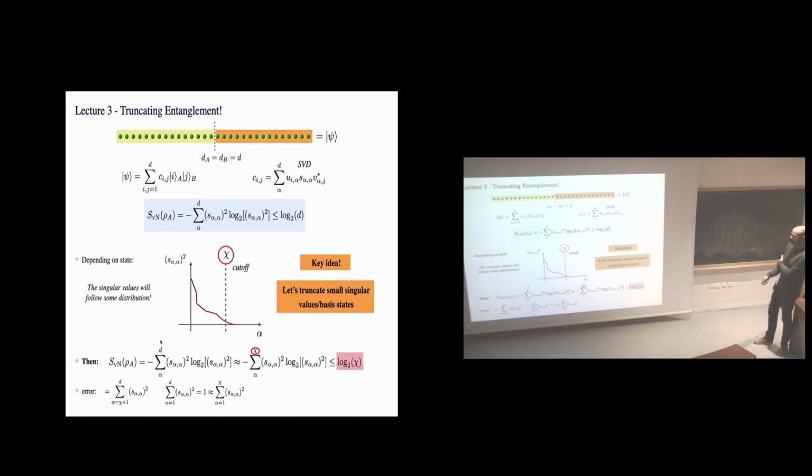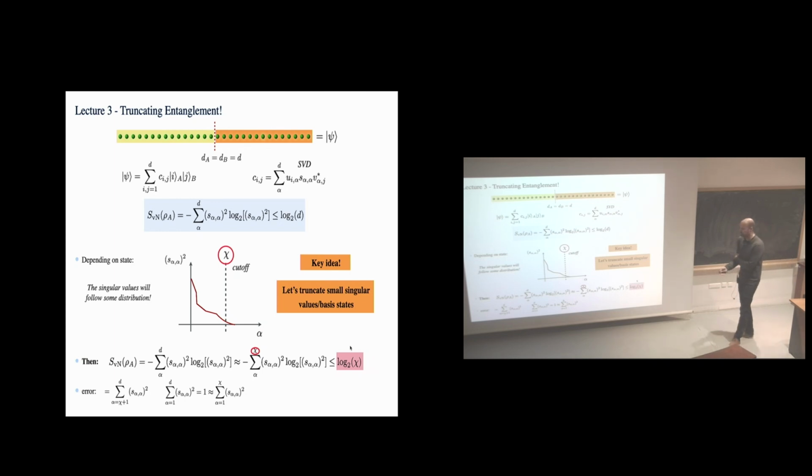Instead, I discard all of the singular values below a certain threshold, so I only have a sum that goes up to chi. This implicitly means that my von Neumann entropy is now limited by the logarithm of this value chi.